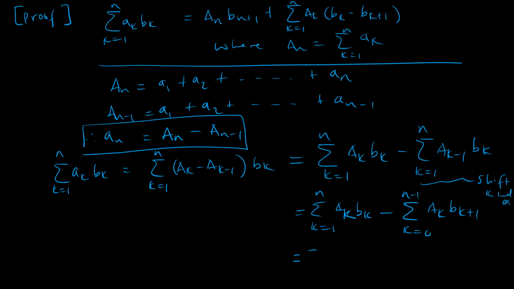So this becomes the sum from k equals 1 to n of A_k b_k minus the sum from k equals 1 to n of A_k b_{k+1}, and the 0th term we will just keep subtracting as A_0 b_1, and to compensate for the n, since we just added this nth term, we will add A_n b_{n+1}.